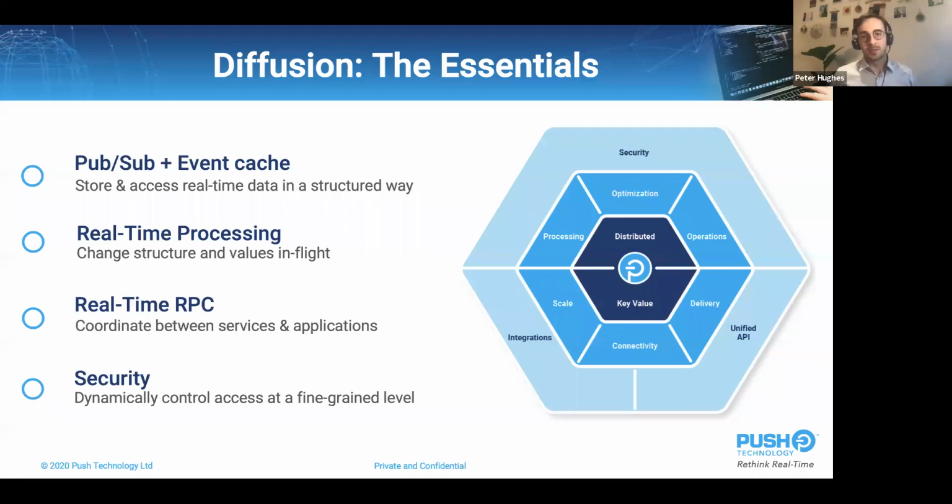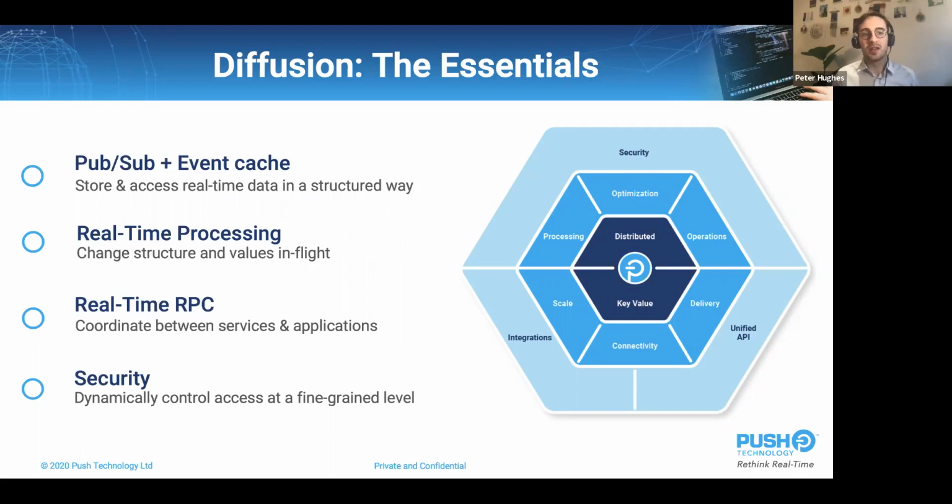One of the other common requirements we see from users is that pushing data out in a pub/sub mechanism is great for a broadcast-type workflow, but sometimes you need to communicate between different services or parts of an application.